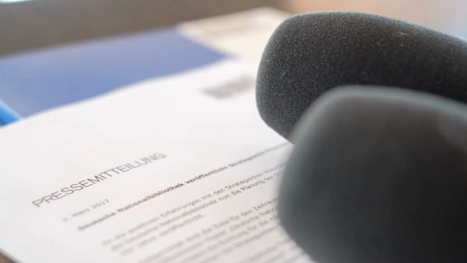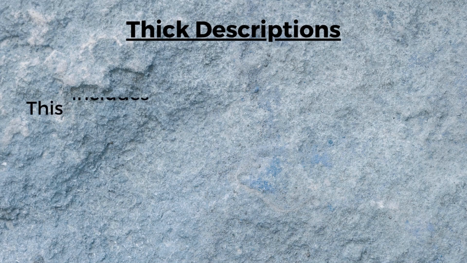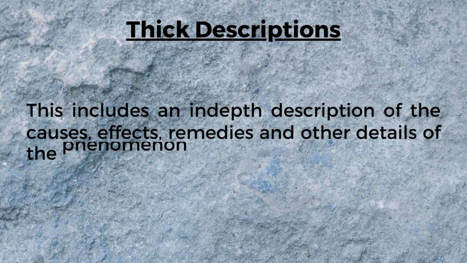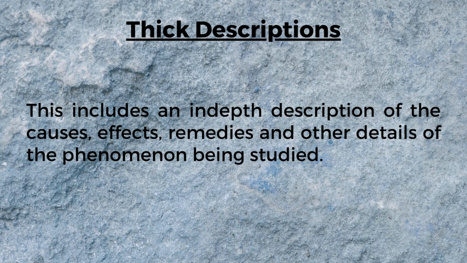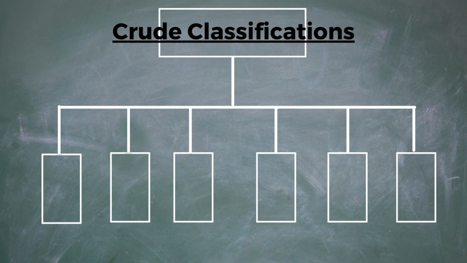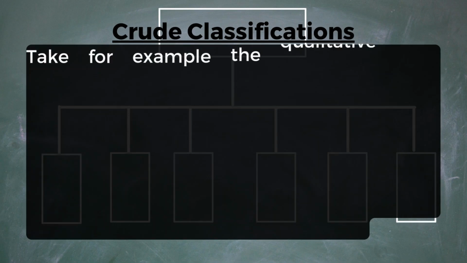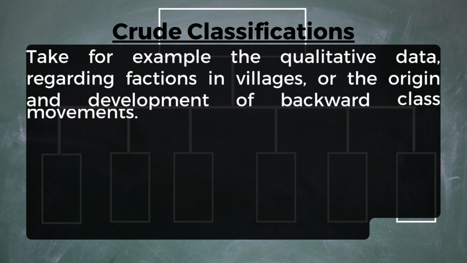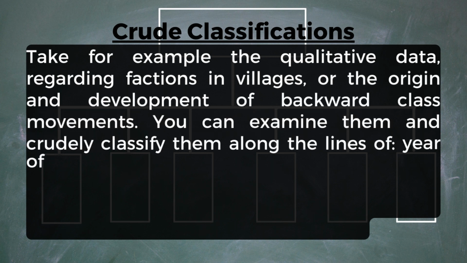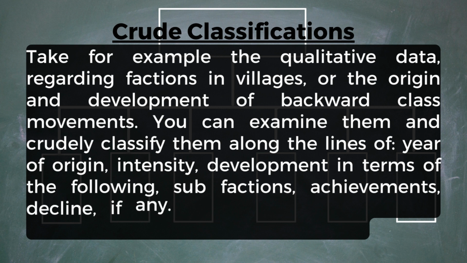The third one is thick description. This includes an in-depth description of the causes, effects, remedies, and other details of the phenomenon being studied. The fourth one is crude classification. Take, for example, the qualitative data regarding factions in villages or the origin and development of backward class movements.